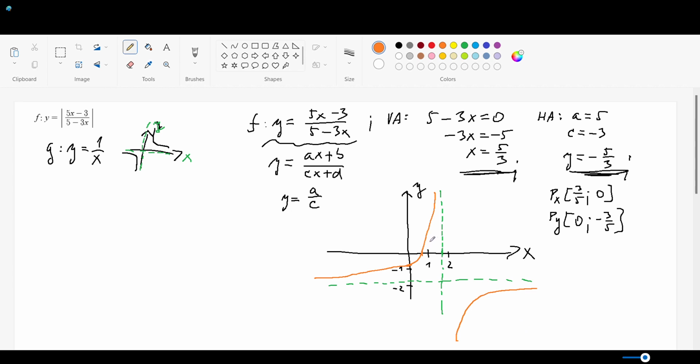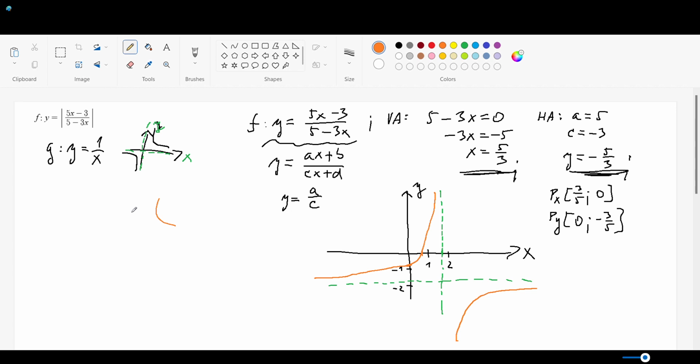Why is it so? Because if you would try to rearrange this fraction so that you have only x in the denominator, you will find that there is negative x, which is, as we already have learned, a transformation that flips the chart over the y-axis.